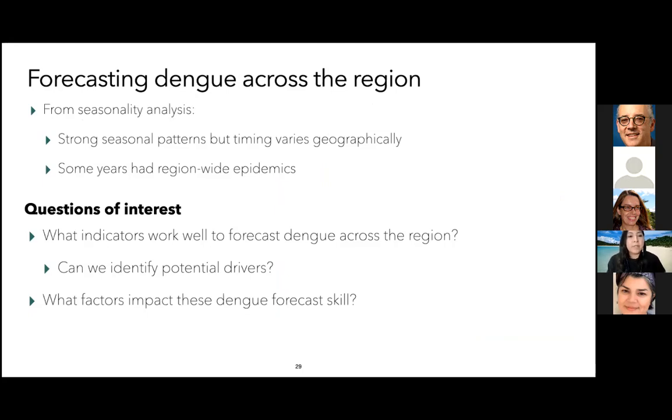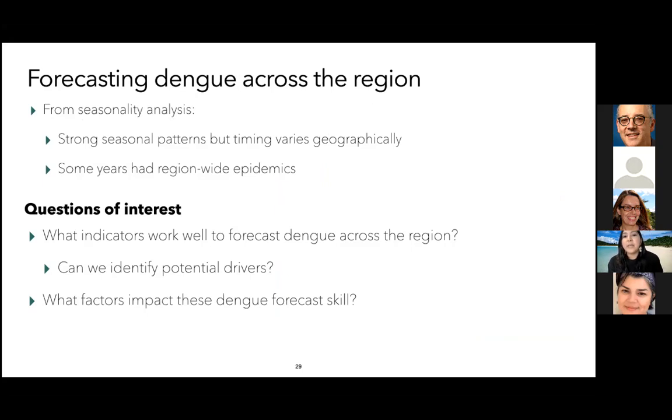From our seasonality analysis, what we took was that we saw strong seasonal patterns across the region, but the timing did vary geographically, and that we saw these region-wide epidemics. So are there certain indicators that we can look at that can help us predict or forecast these better? Some of the questions we were interested in are: what indicators work well to forecast dengue across the region?